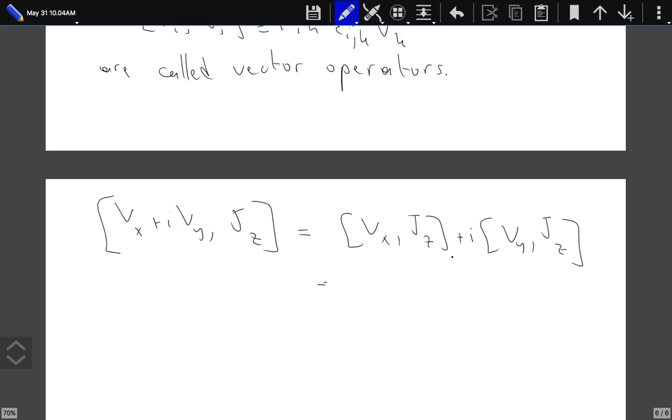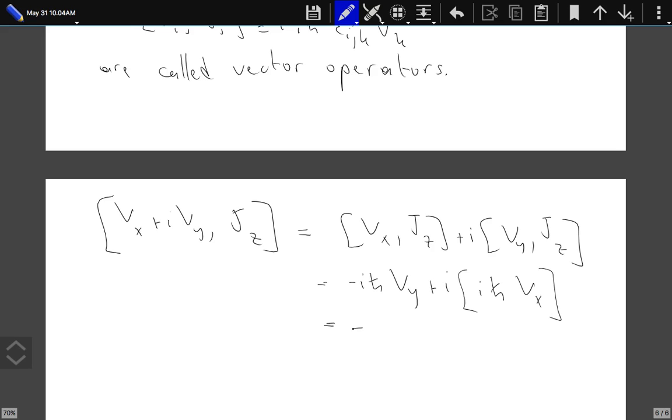Well, the commutator of Vx with Jz is minus i h bar Vy, plus i times the commutator of Vy with Jz, which is i h bar Vx.